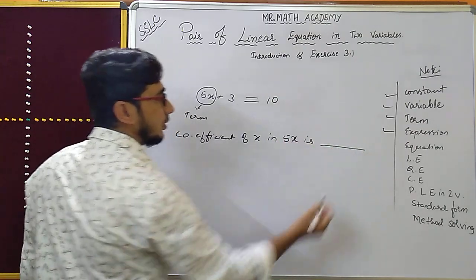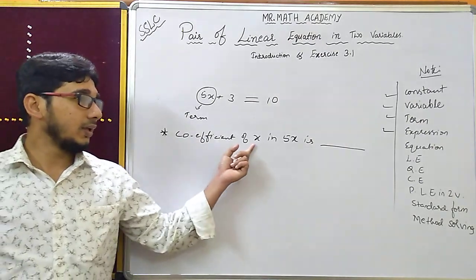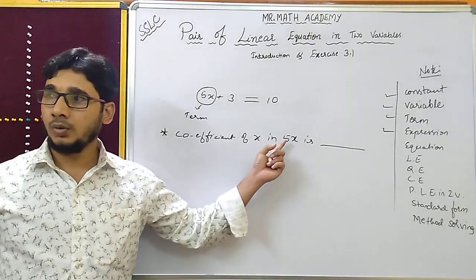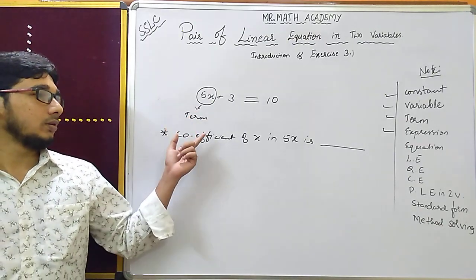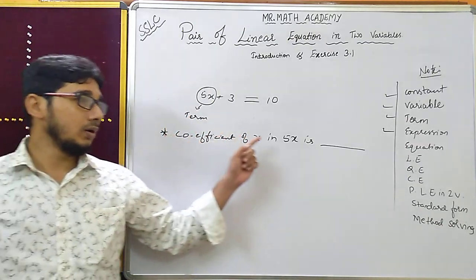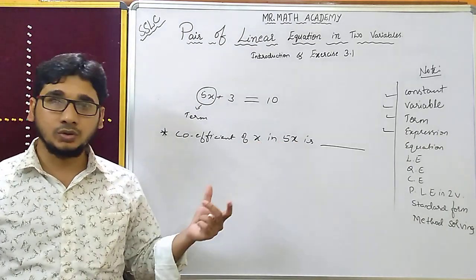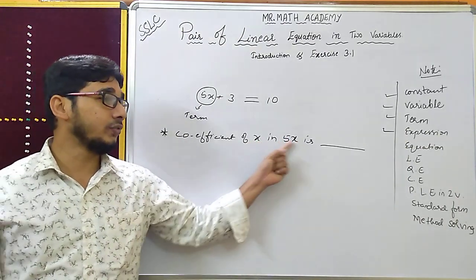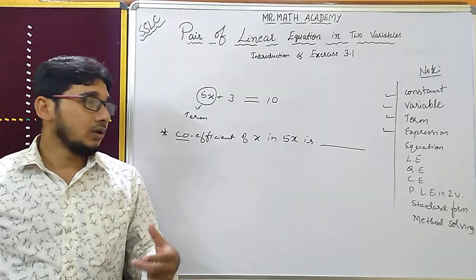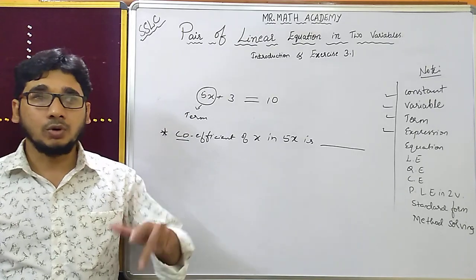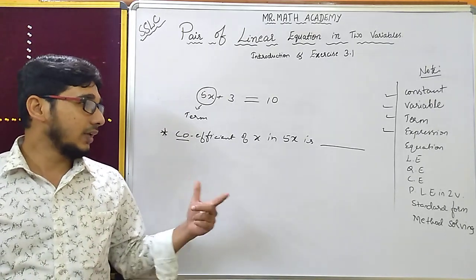I am going to find the coefficient of x in 5x. Co means together, like co-education, boys and girls together studying.